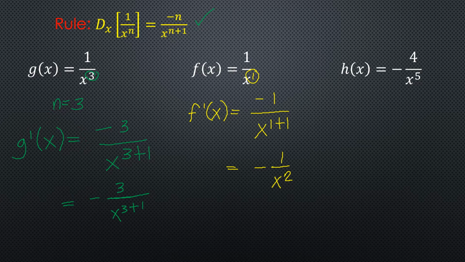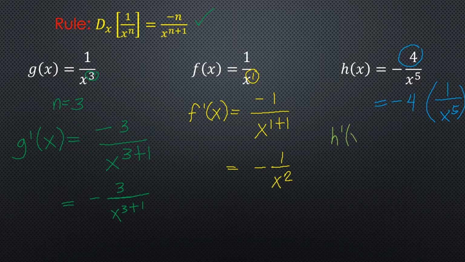On the third example, h of x is equal to negative 4 over x raised to 5. But in here we have a constant 4, so we can actually factor it out. So bring out negative 4, and we have another factor 1 over x raised to 5. So we're going to use the rule of constant here. We're going to separate negative 4.